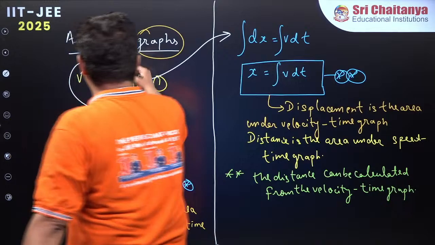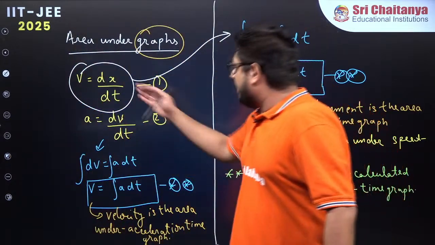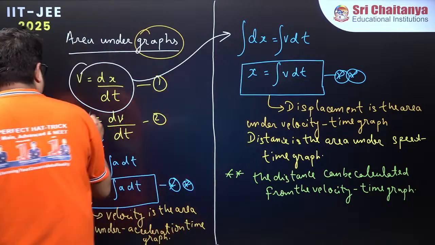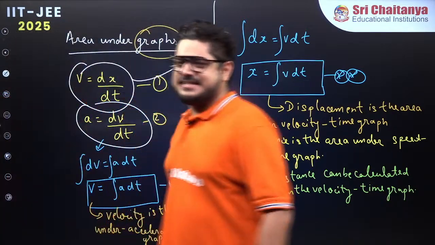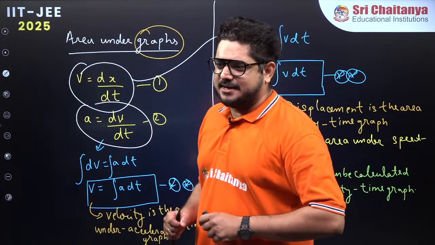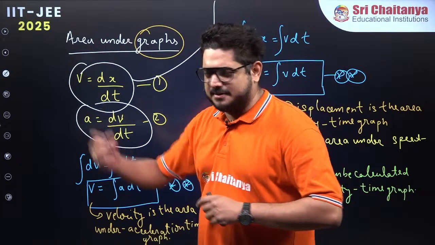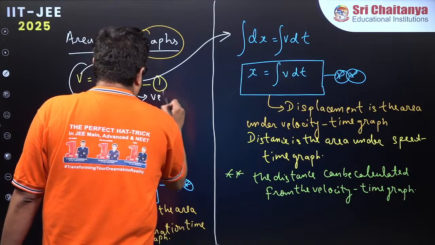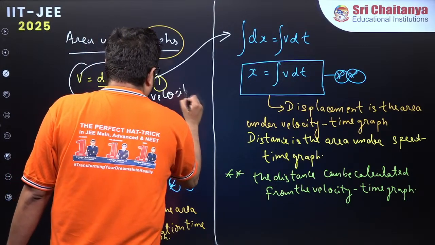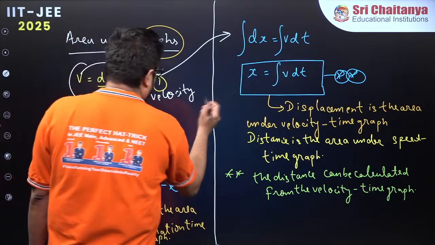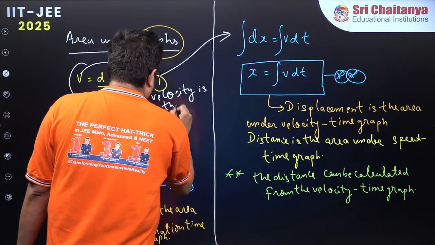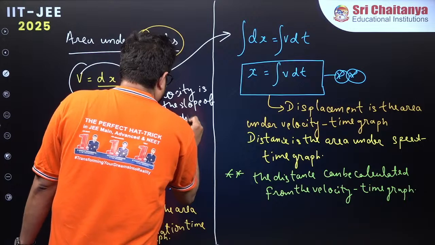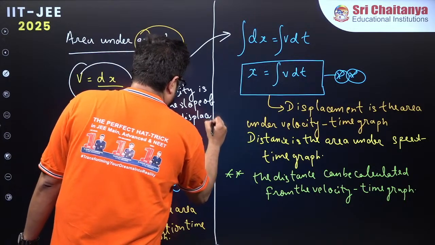And what about the statements of these two equations, which I have marked over here as equation number 1 and 2? One more thing I can write down as an extra statement, and you can write it down, everyone: we have already discussed this on day number 7, that velocity is the slope of the displacement time graph, isn't it?